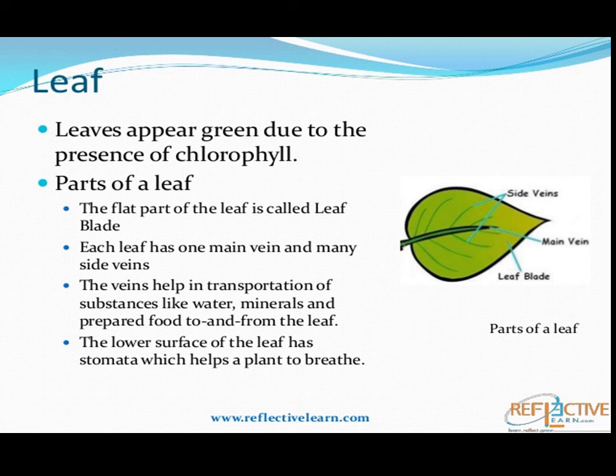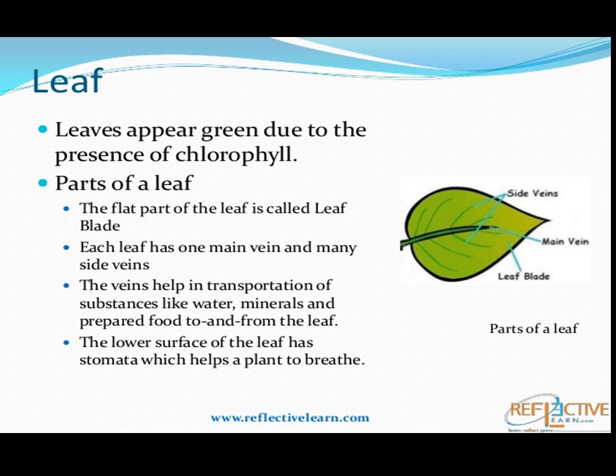Leaf blade is the shape or the area, the size of the leaf. Then the leaf appears green due to the presence of a pigment called chlorophyll.